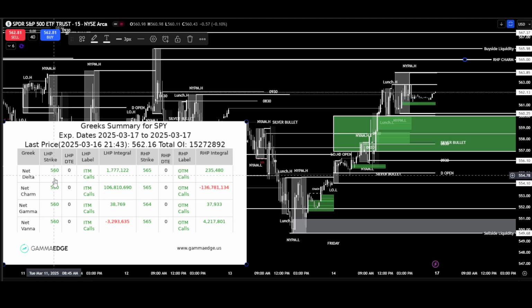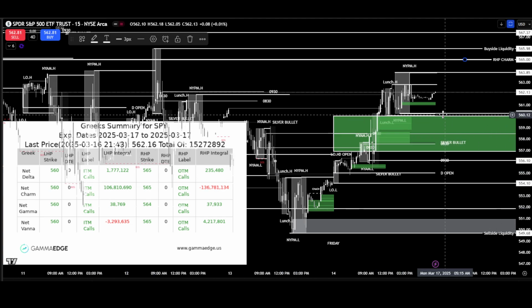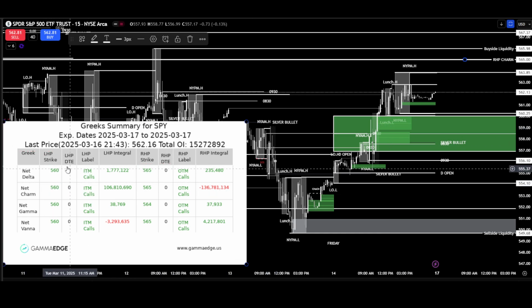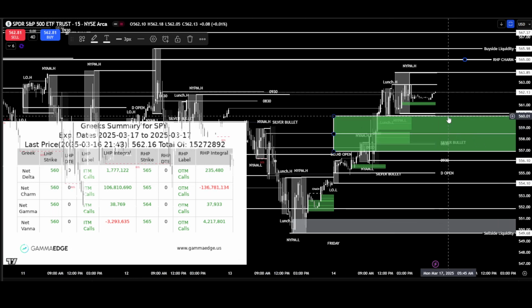Then I'm going to look at left hand plane. We got 560, and we got our level right here at 560.25, and then we have that 4-hour fair value gap starting at 560, which was also the lunch macro liquidity low. So again, we left it off on our chart just because that's where the fair value gap starts, but there is confluence in that level acting as support, also being inside that fair value gap.